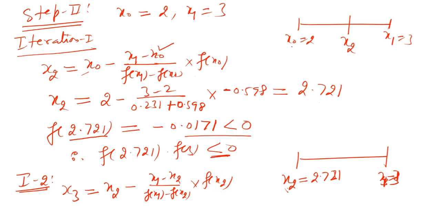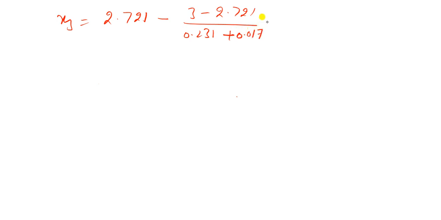Now substitute all these values here, then x3 is equal to 2.721 minus (3 minus 2.721) divided by (0.231 plus 0.017) multiplied by (minus 0.017), and simplify this, we obtain 2.740 correct to 3 decimal places.